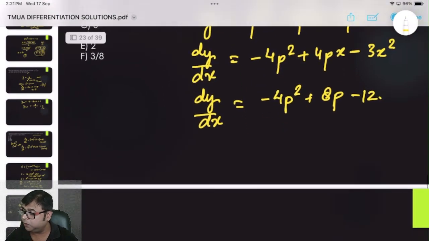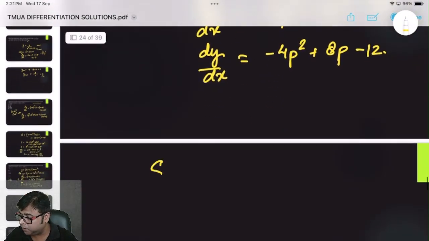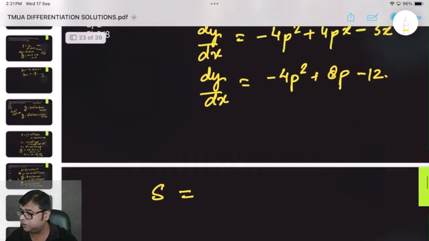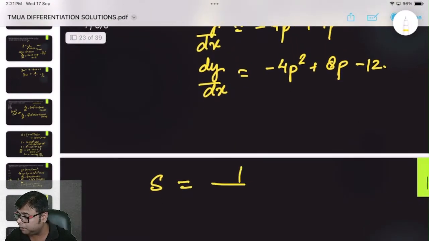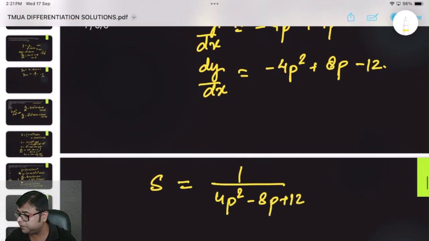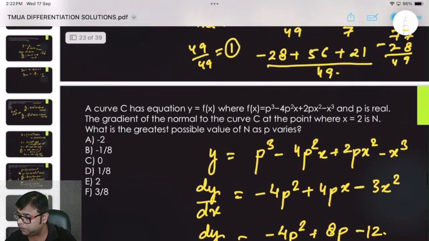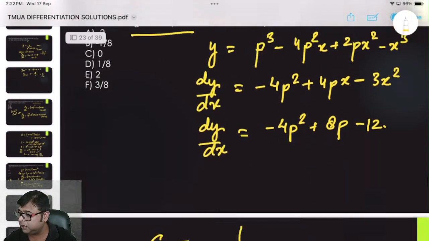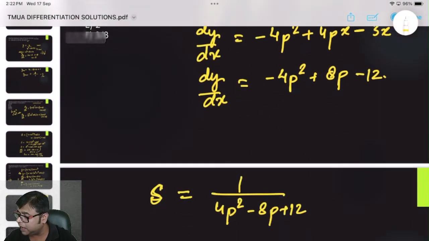So the slope of the normal will be 1 upon 4p square minus 8p plus 12. Now I have to find the greatest value, maximize it. So in order to maximize s, I have to minimize the denominator as we did in the earlier question.